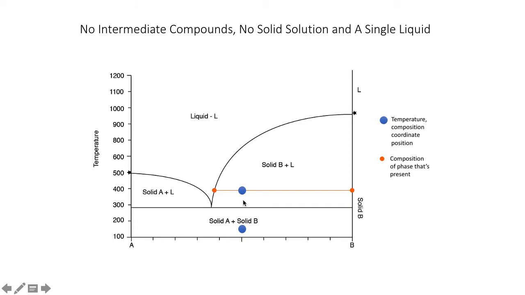All right, so we continue now warming this up. Okay, so at this point, as we're adding heat, it actually is raising the temperature. And what we see is that we have a mix of solid B still, and then a liquid. But you can see as we move up that this position is moving to the right.